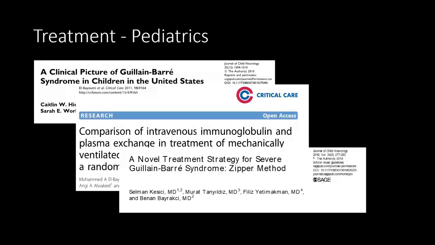They reported great response to this method, and their average mechanical ventilation time was 7 days. All of these patients were walking at 28 days. So they said this is maybe a little bit better than just treating with one or the other.